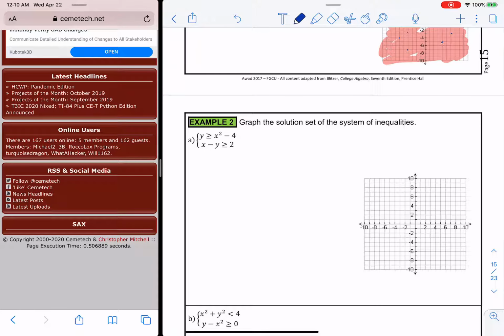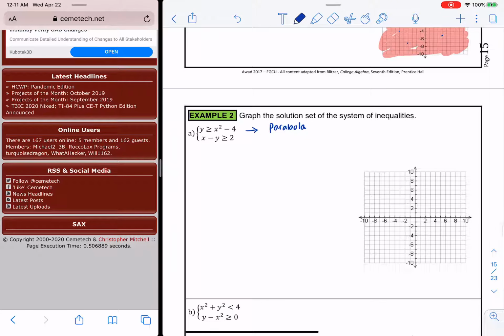So now we have a system of inequalities. In other words, we have two different equations. The first equation is a parabola. y doesn't have a square, x has a square.